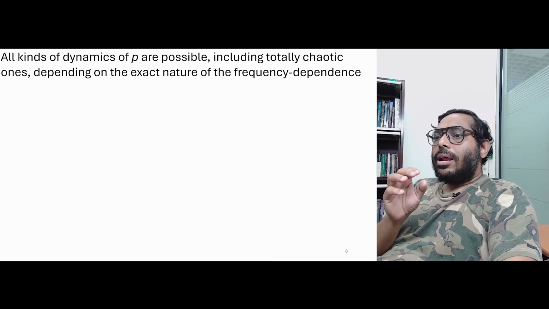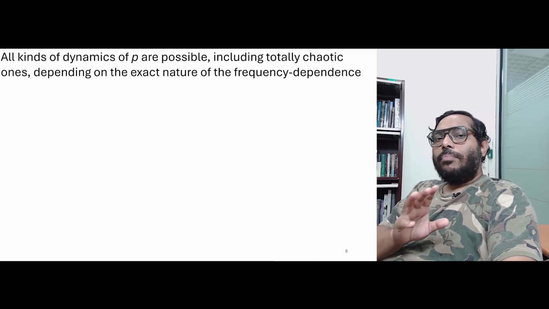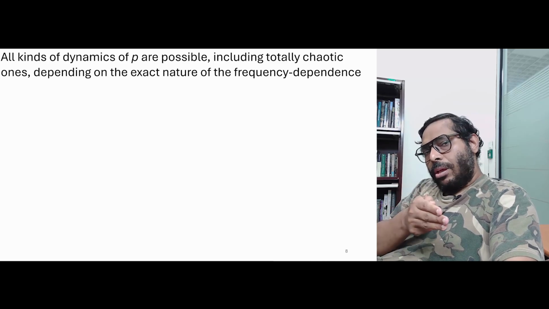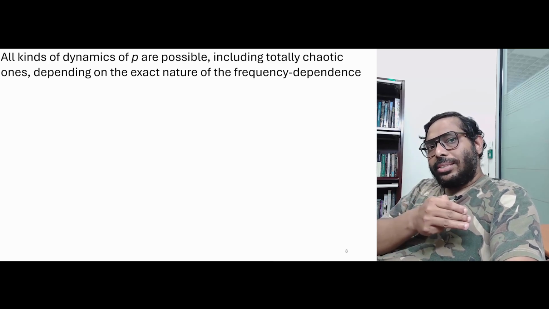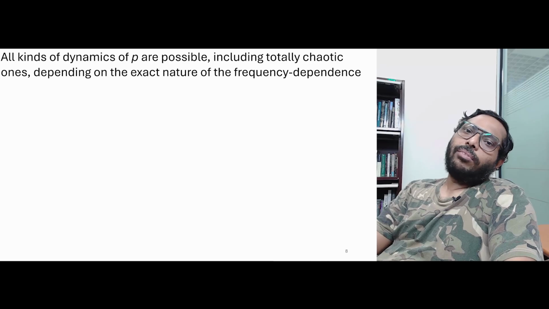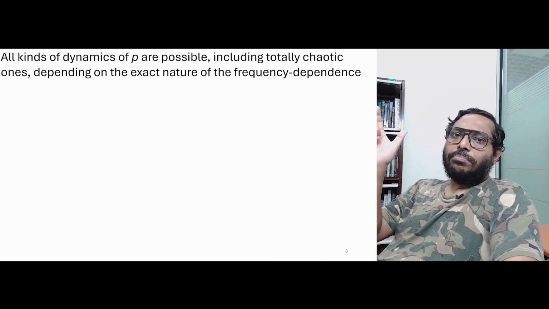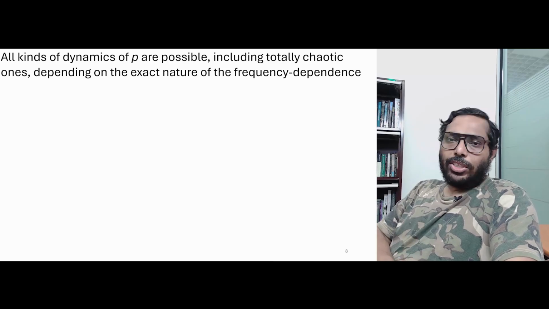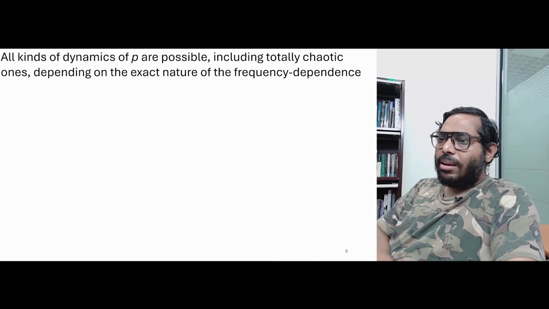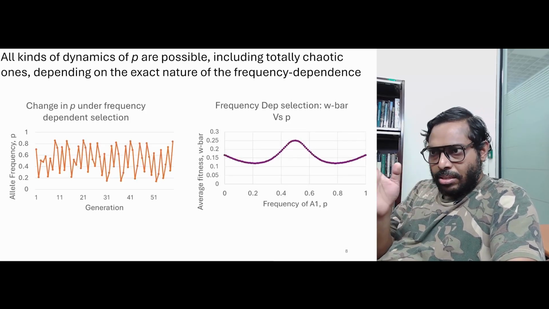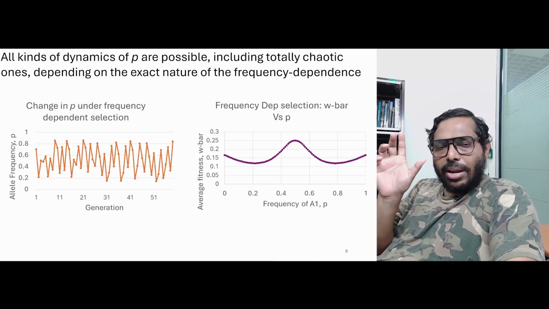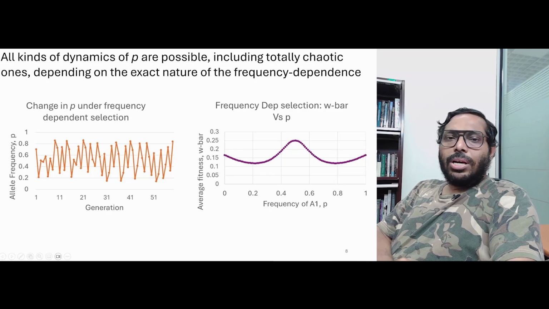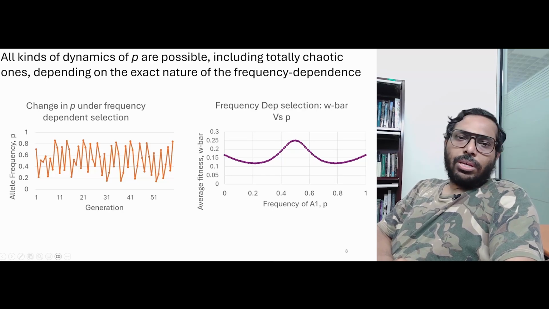What kind of dynamics you will end up getting will depend crucially on precisely how the genotypic fitnesses are dependent on the genotypic frequencies. You have one relationship, you get chaos, you have another relationship, you will get some nice monotonic kind of stuff, and so on. So just to give you one random example, here is the situation where under a certain kind of frequency dependent selection, this is what is happening to the change in P over time.